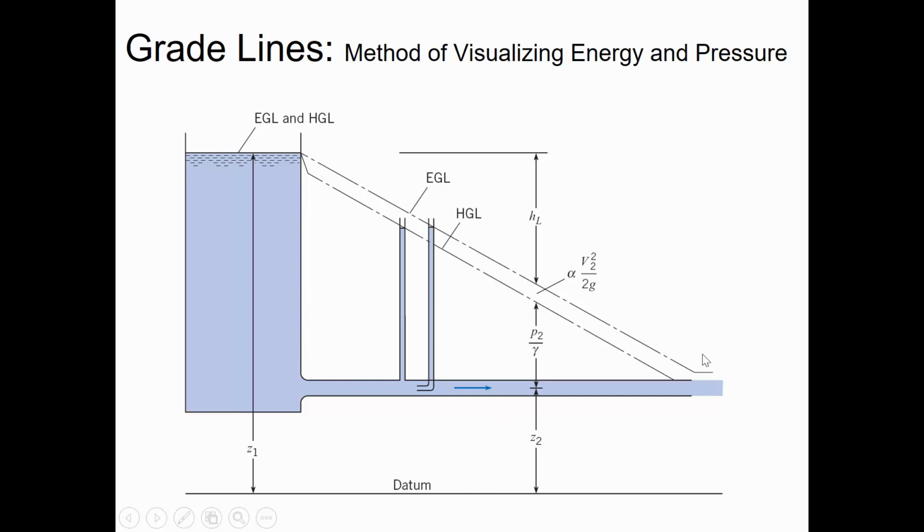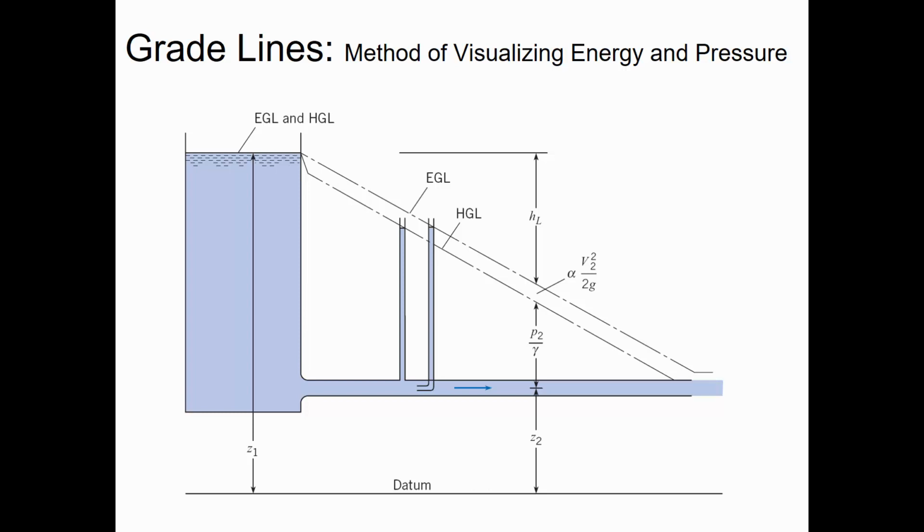Why is it that the EGL is above the water surface when the water comes out of the end of the pipe? So this is kind of showing like you've got a jet of water coming out. Why is the EGL above that jet of water? Because you still have some amount of velocity. Exactly right. So you still have velocity, so you're still going to have velocity head.